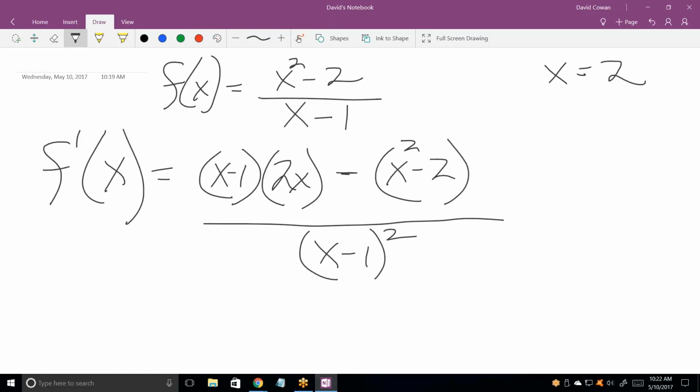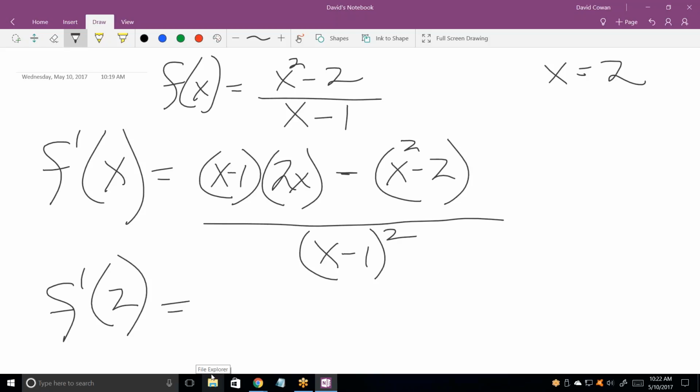Okay. Now, no reason to spend a lot of time simplifying this, even though I can see that I'm going to have a 2x squared over here minus an x squared. I could simplify it. I would never give this as an answer, but the truth is that all I have to do is evaluate it at 2. So find f prime at 2, so why even bother to simplify it?